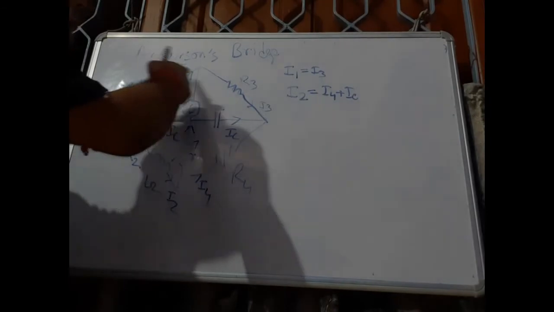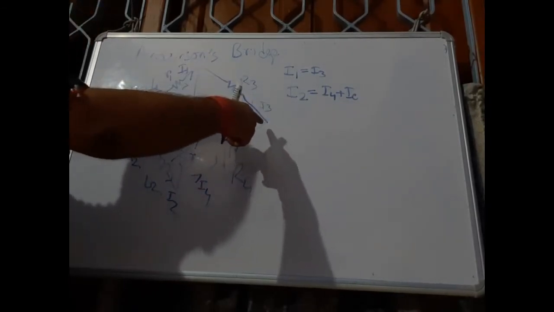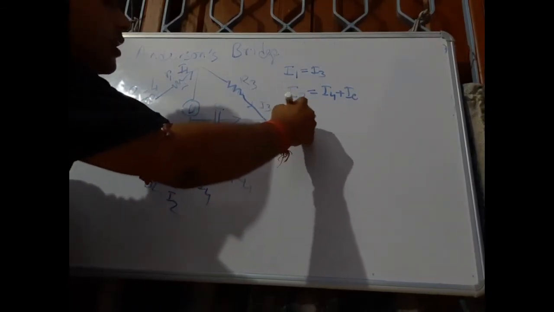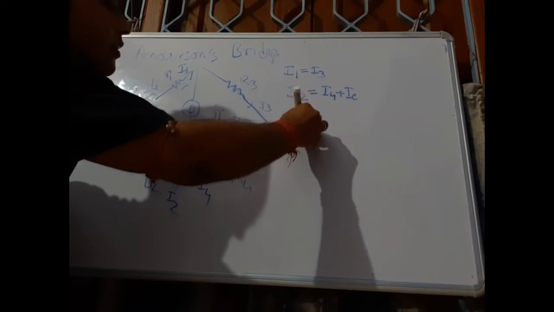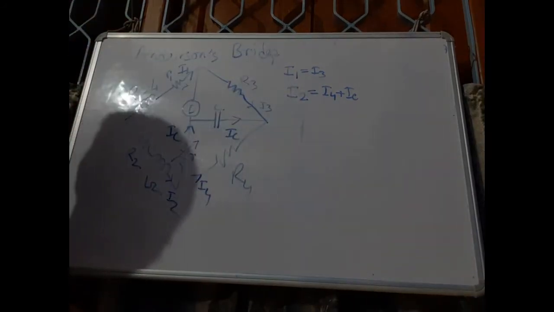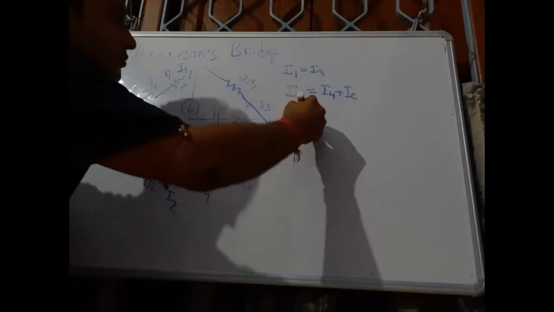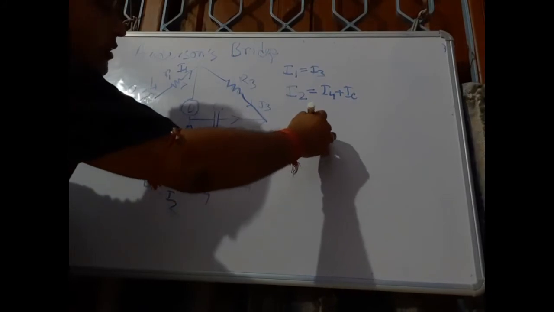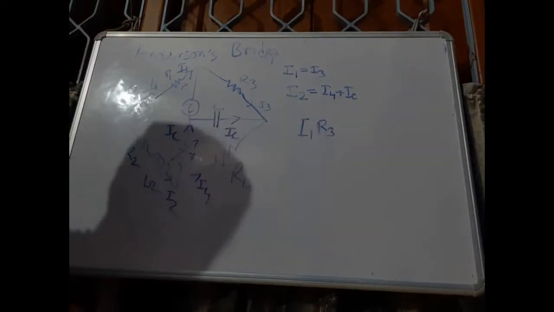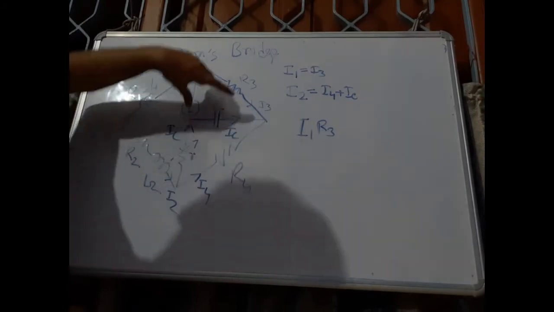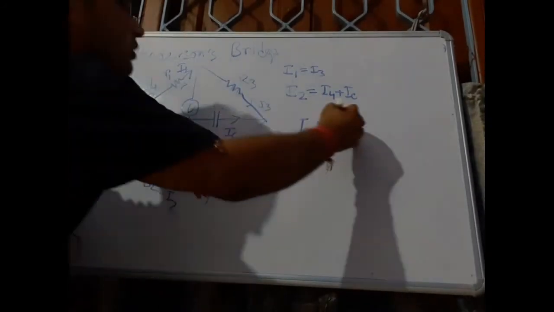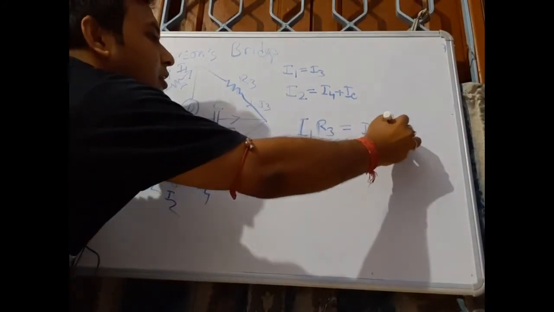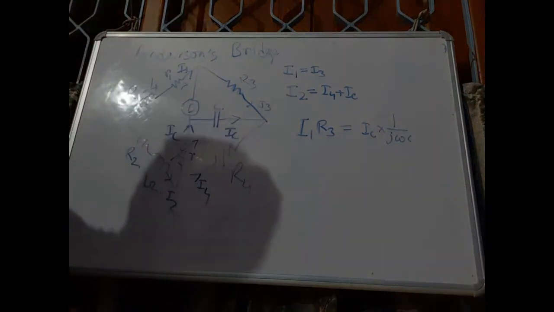Since I1 equals I3, the voltage across this point will be I1 into R3, and that is equal to the voltage across this point, meaning IC into 1 by j omega C, right?